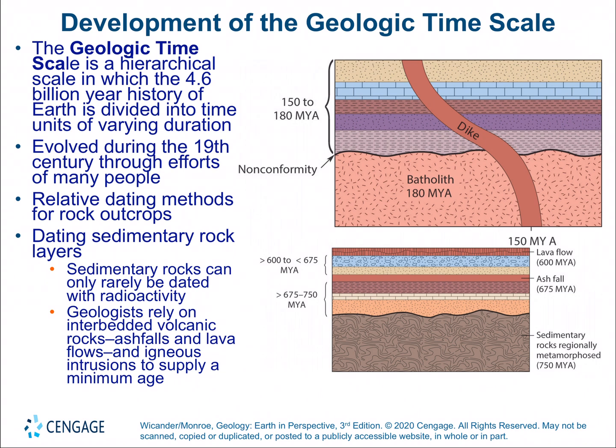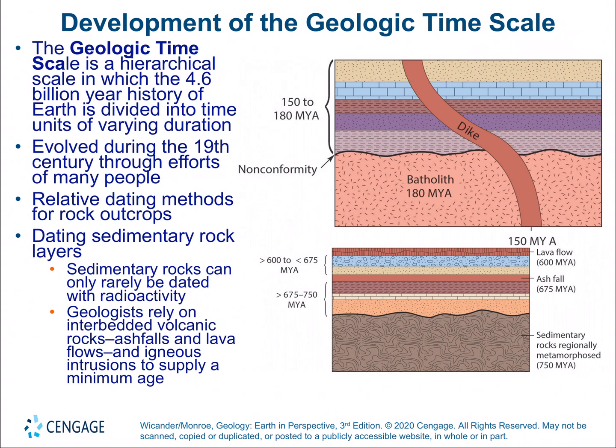It is a scale in which the 4.6 billion year history of the Earth is divided into time units of varying duration. It evolved back in the 19th century. We've incorporated both relative dating methods as well as dating sedimentary rocks.